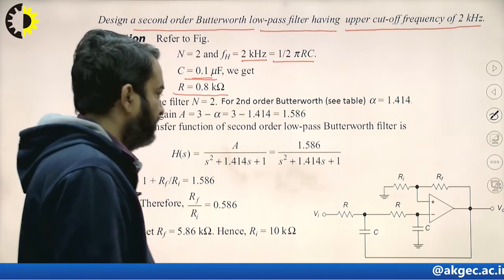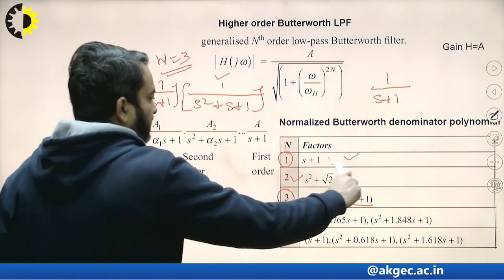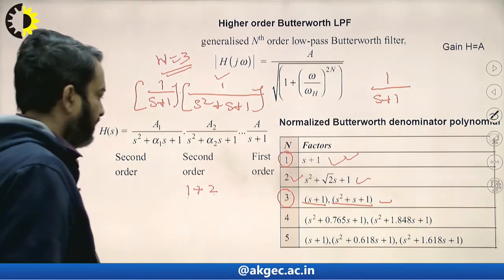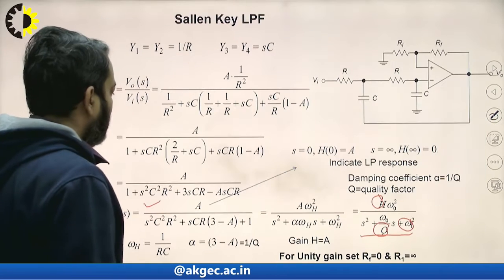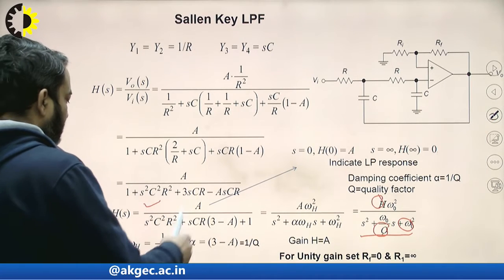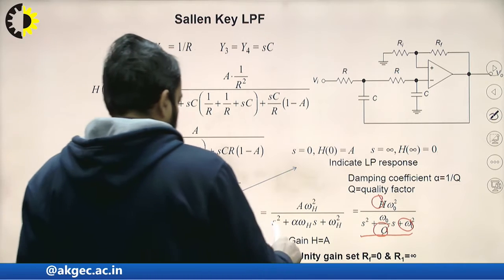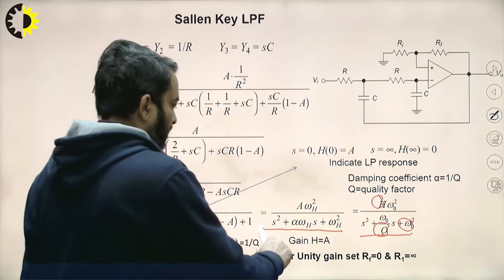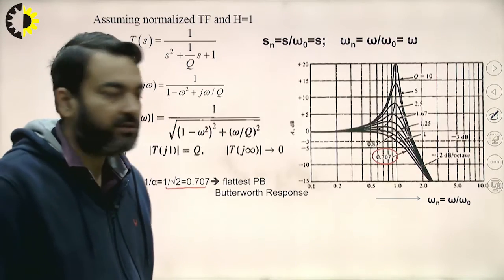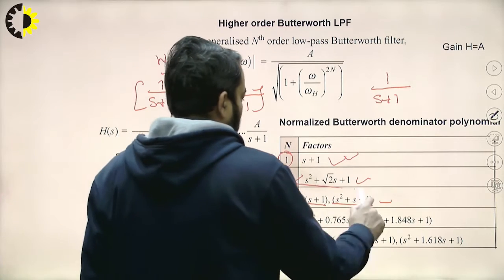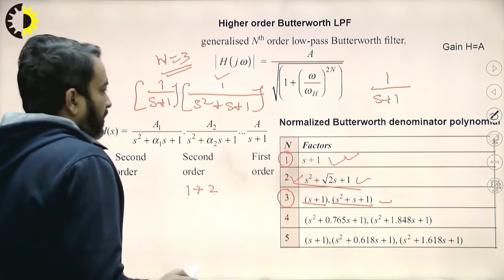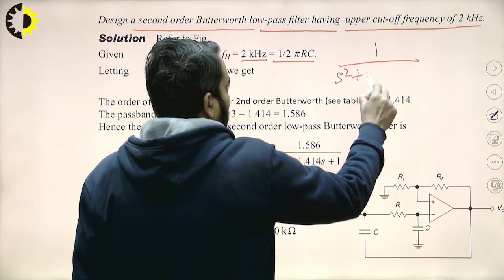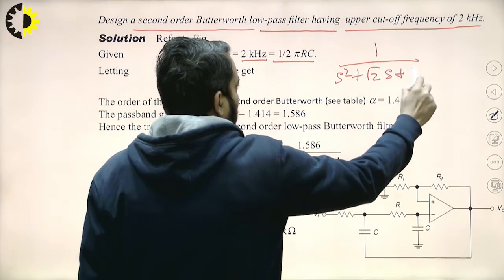Now these are all normalized terms. Here we will take help of the Sallen-Key low pass response and correlate this response with the second order filter. For second order Butterworth, this will be s square plus root 2 s plus 1.